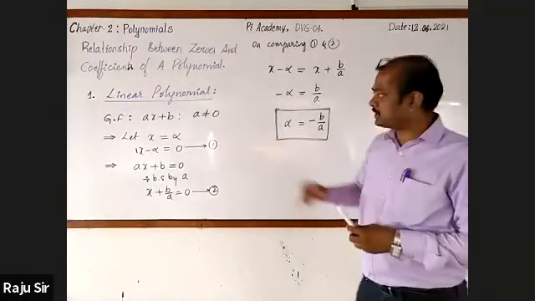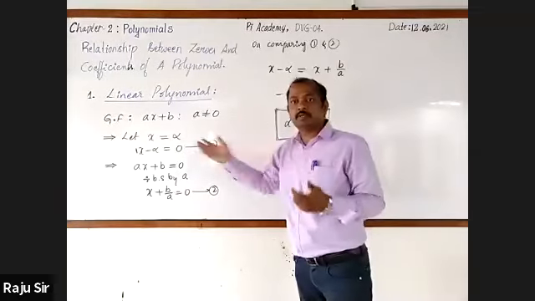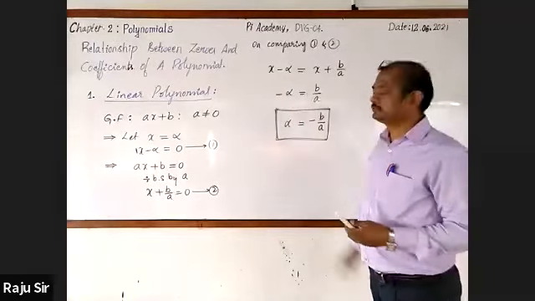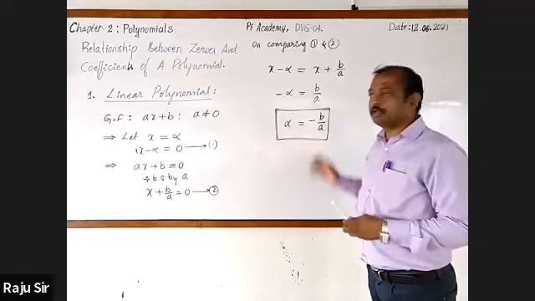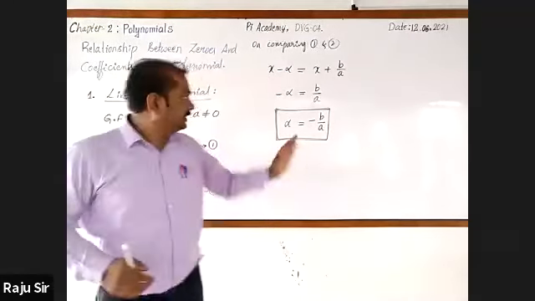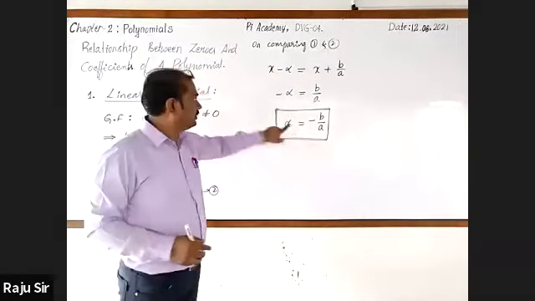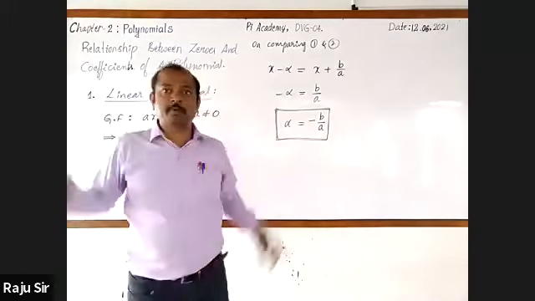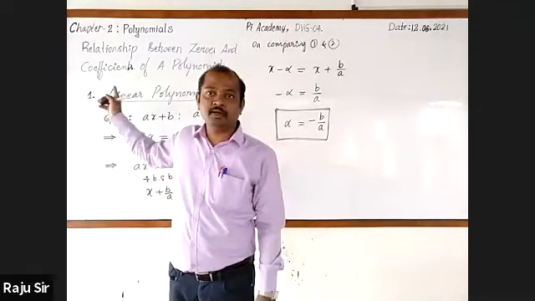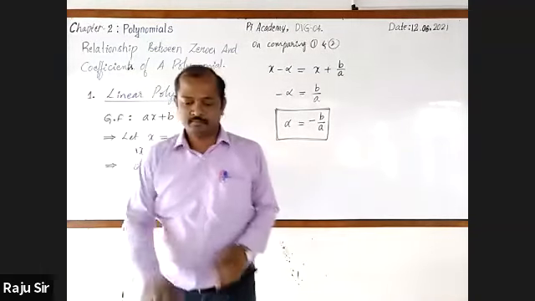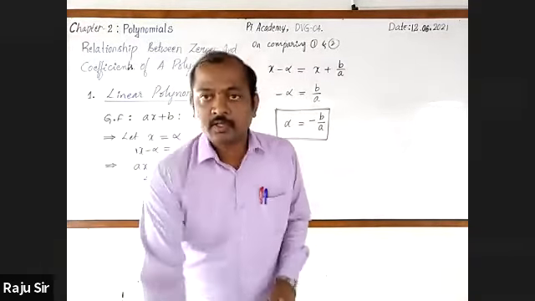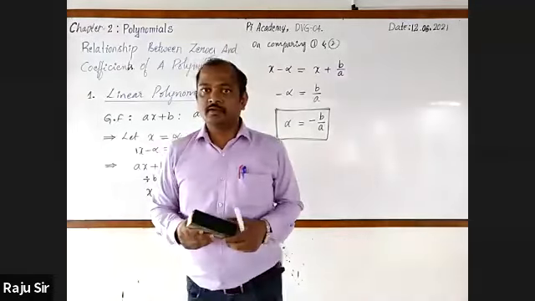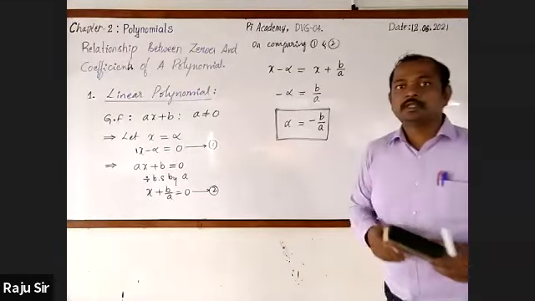If you are interested, you can just remember these steps. Alpha is equal to minus b by a. It is the relationship between zero and coefficients with respect to linear polynomial. Now, shall we move on to quadratic?